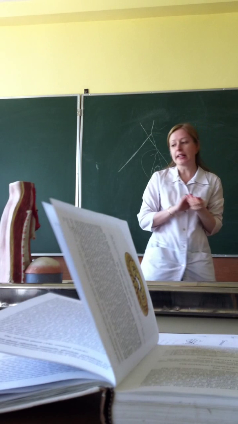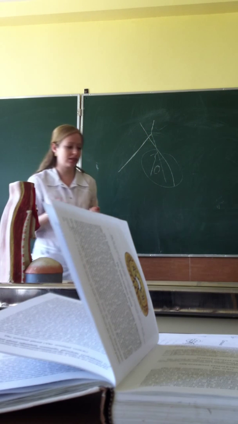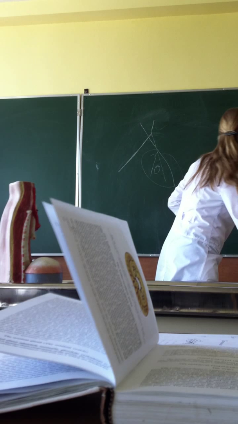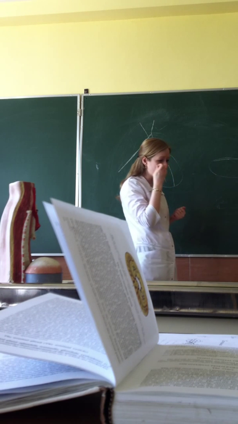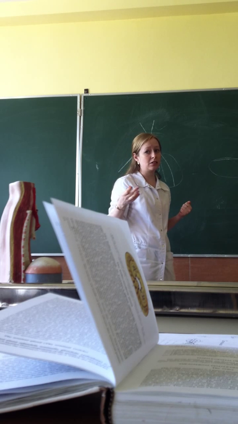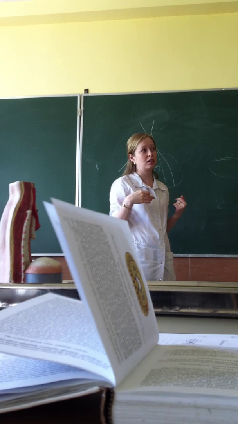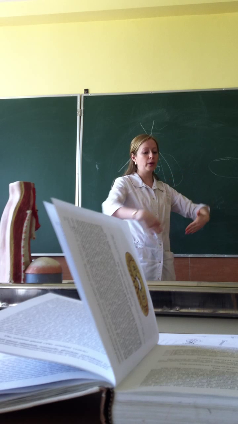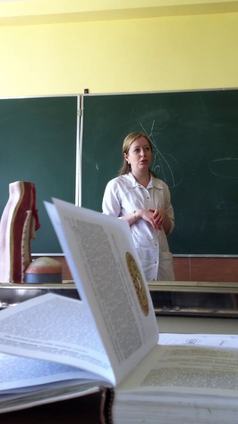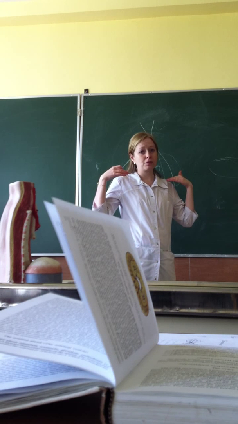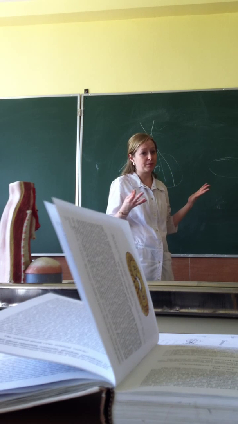This organ, like the testis, has two surfaces. There is an anterior surface, which is covered by the broad ligament of the uterus. The back surface is free.